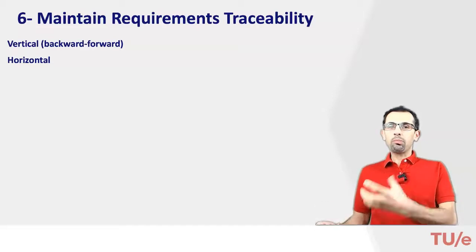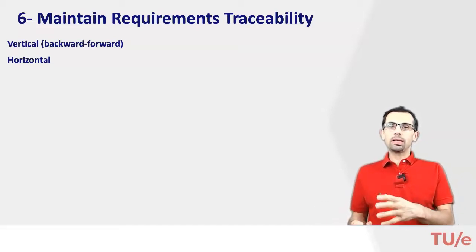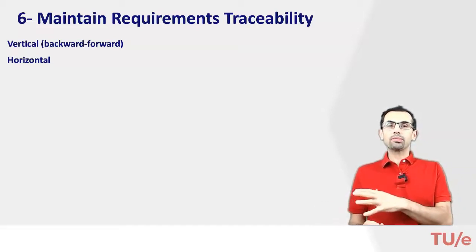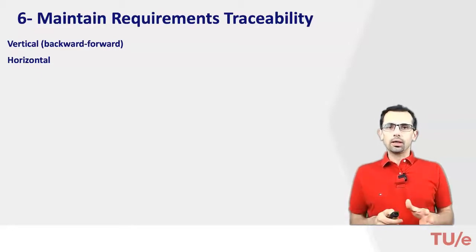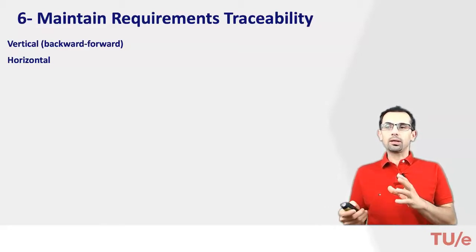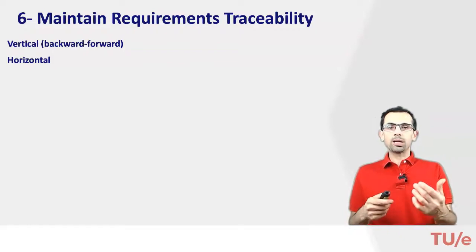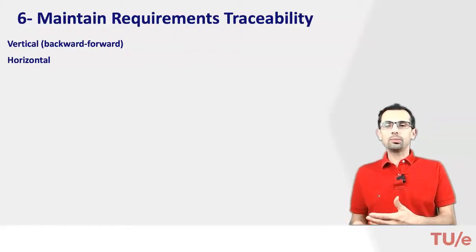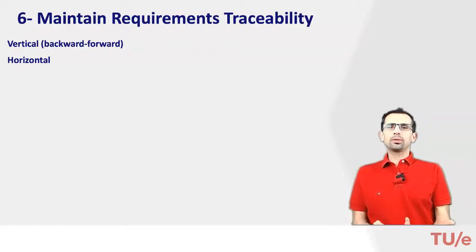In fact, we have mentioned quite a lot about traceability in the previous requirement specification module series. We talked about vertical and horizontal traceability, and when it comes to vertical, we mentioned backward and forward traceability. I just wanted to put in a figure to make it a little bit more understandable.